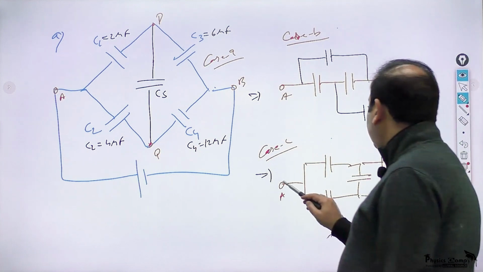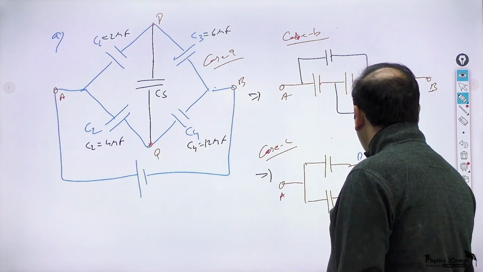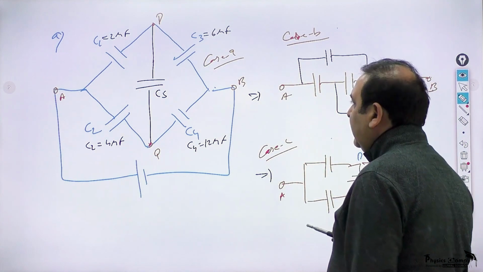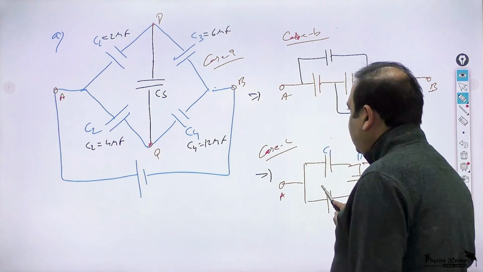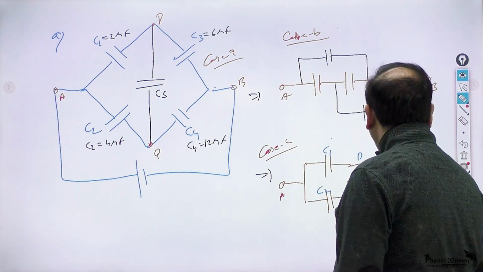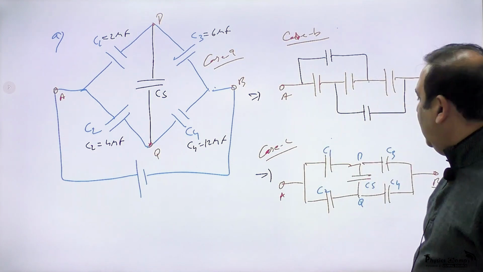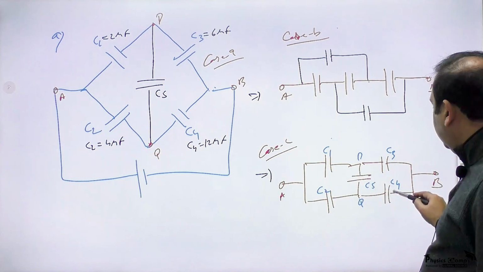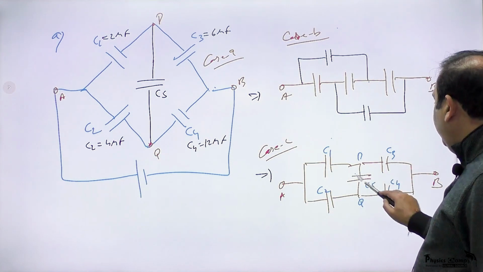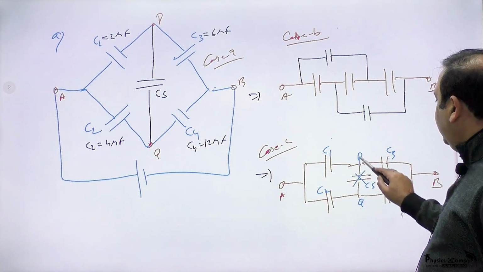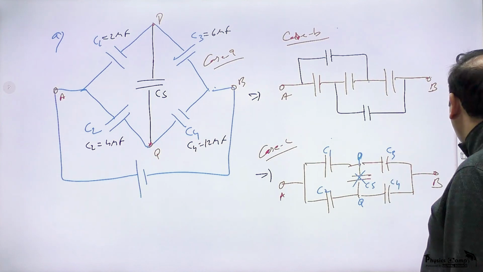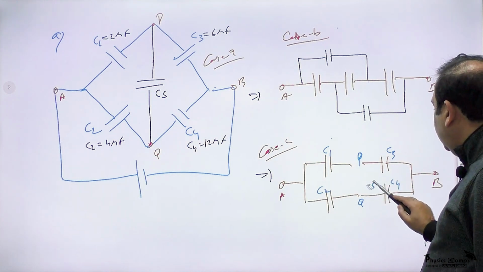Here it is A, it is B, it is P, it is Q, this is C5, this is C1, this is C2, this is C3, this is C4. In case C1 by C2 is equal to C3 by C4, then C5 is negligible. Potential of P is equal to potential of Q, so here you will leave it.